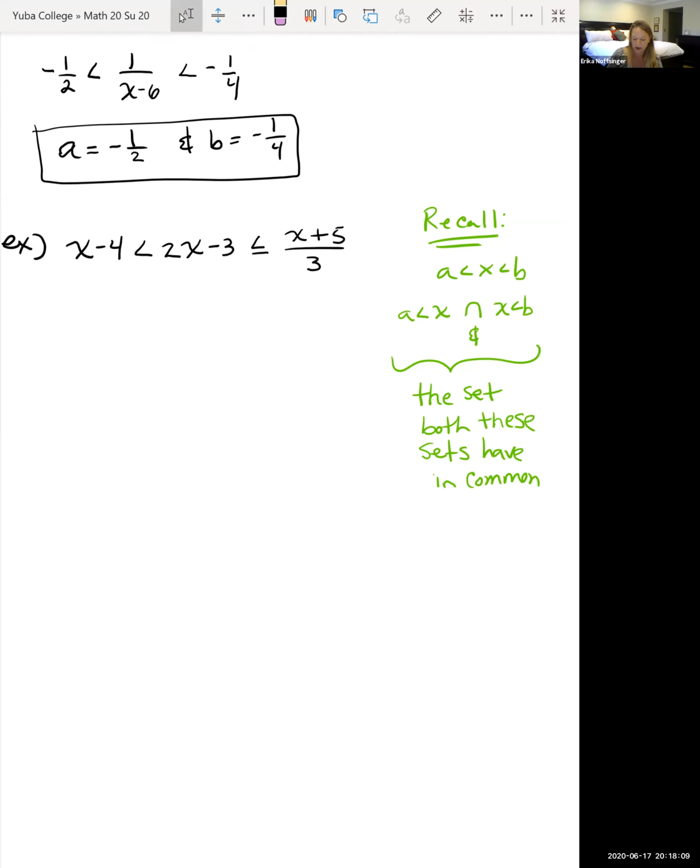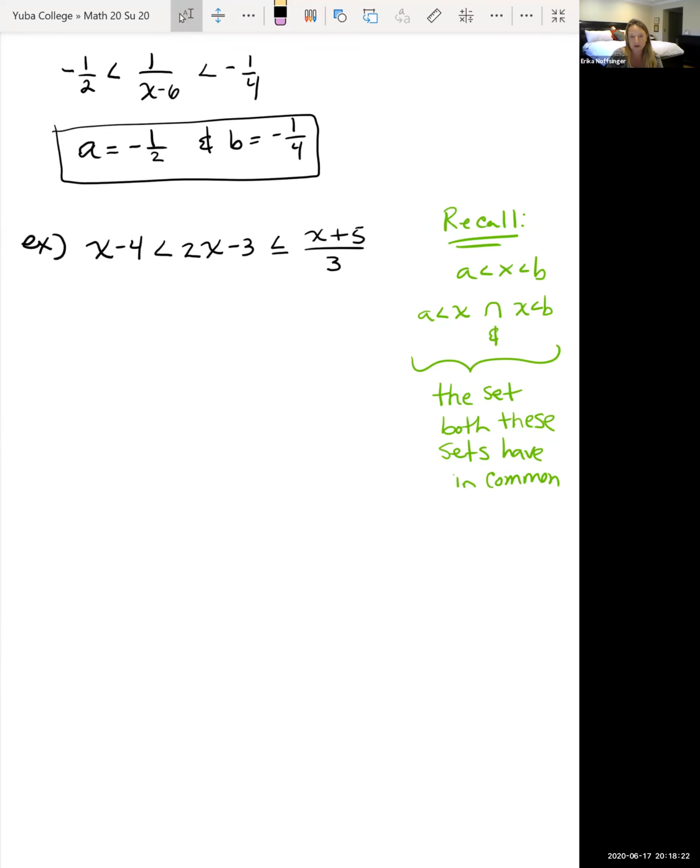So by this definition, we can break this compound inequality up into two separate inequalities. And then once we solve those two separate inequalities, we're going to look at what they both have in common.